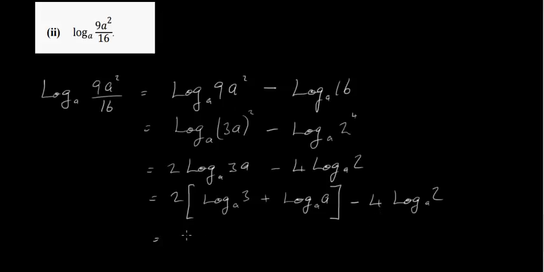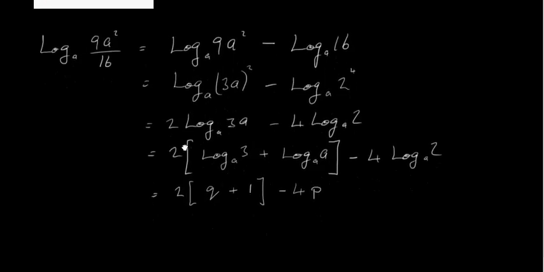Underneath here I can just write down 2. Let's see, log 3 to the base a is q, so I can just write that down as q. Log a to the base a is just 1. A to the power of 1 will give me a. And here I end up with minus 4 times log 2 to the base a, and log 2 to the base a is p, so I can just put p in here.